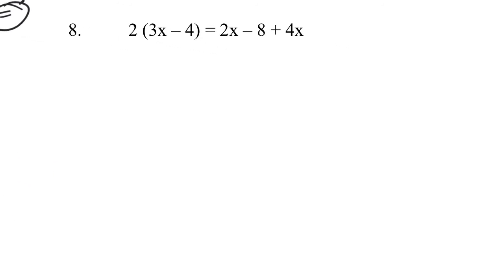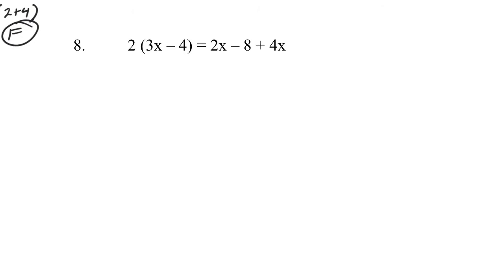All right, let's look at another one. I'm going to start simplifying. On the left-hand side, I'm going to distribute, and we're going to get 6x minus 8. On the right-hand side, I'm going to combine like terms, 6x minus 8. You might notice we've got some similarities between the left and right-hand side.